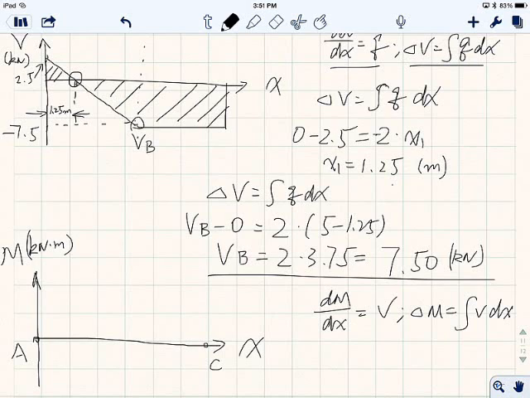That tells us this line has a slope. Initially it's 2.5, then eventually it's going to be 0. So possibly, let me just draw the line here. It's going to be like this.